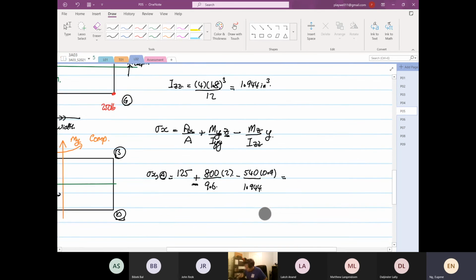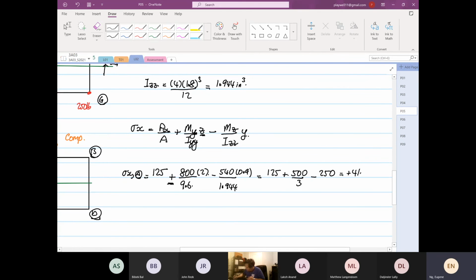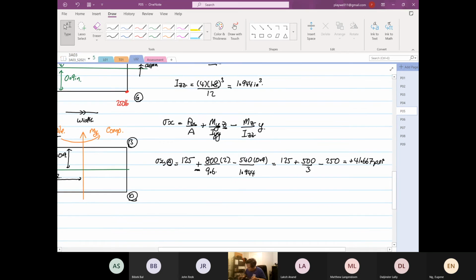So this will be equal to 125 plus 800 times 2 divided by 9.6, which is 500 over 3, minus 540 times 0.9 divided by 1.944, which is 250. So it's 125 plus 500 over 3 minus 250, which is 125 over 3, or positive 41.667 psi. Okay, so that is for your point A.